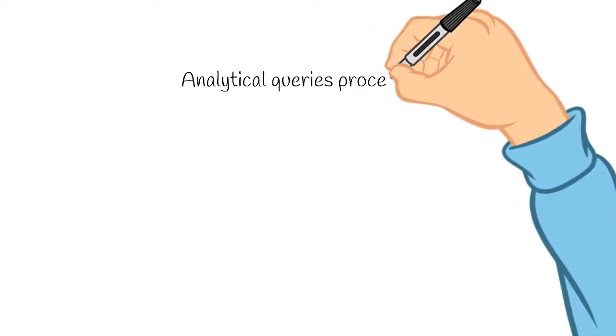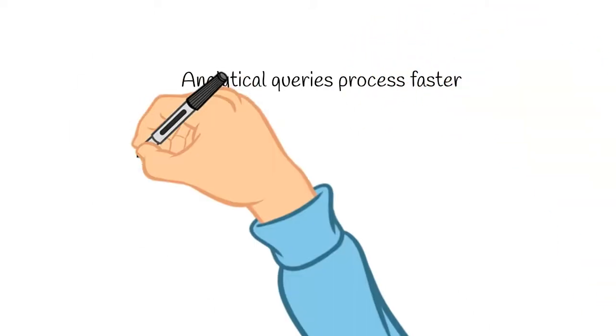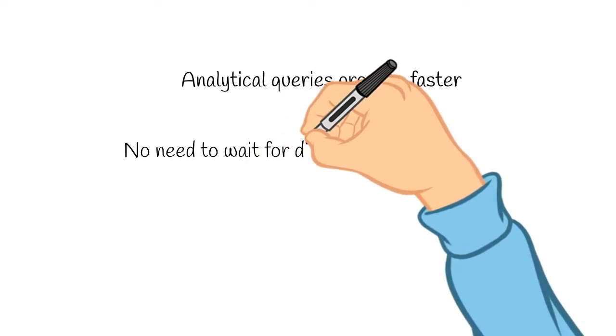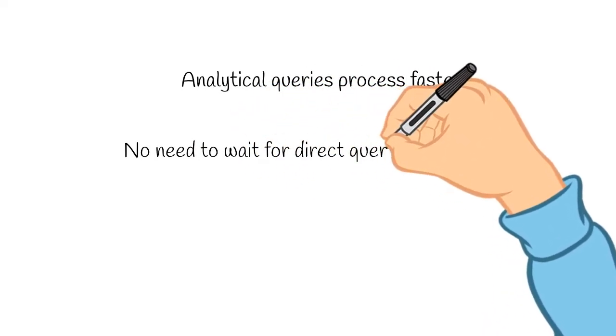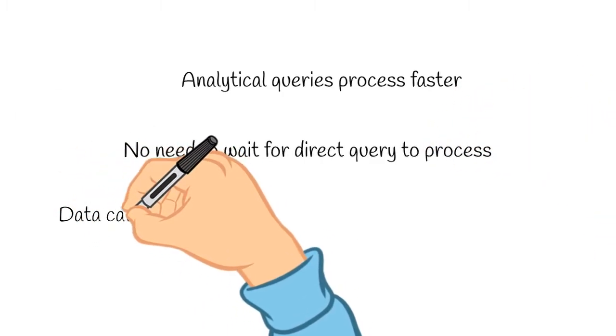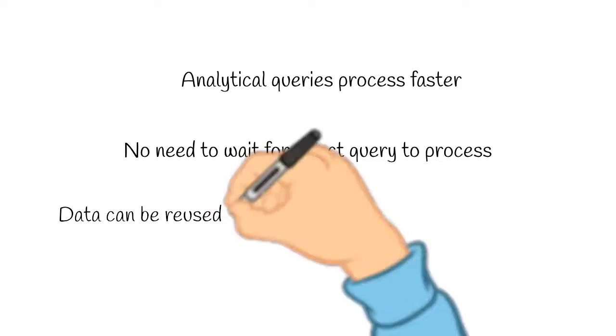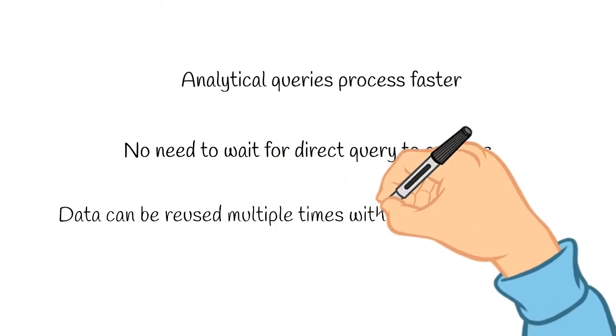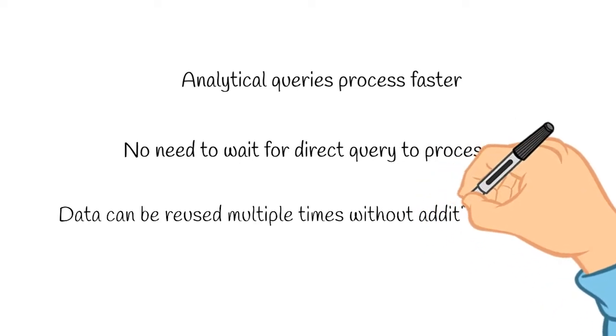You don't need to wait for a direct query to process, and data stored in SPICE can be reused multiple times without incurring additional costs. If you use a data source that charges per query, you're charged for querying the data when you first create the dataset and later when you refresh the dataset.